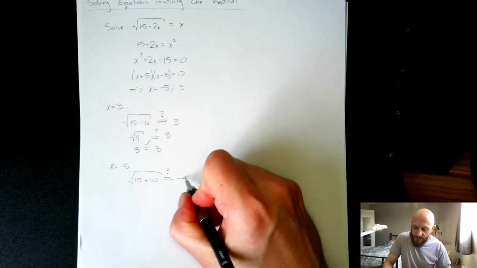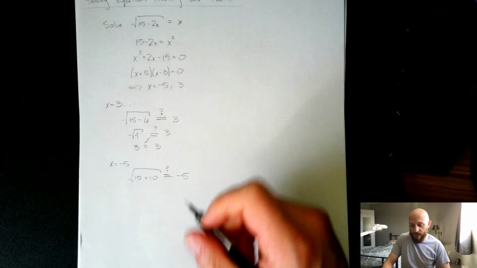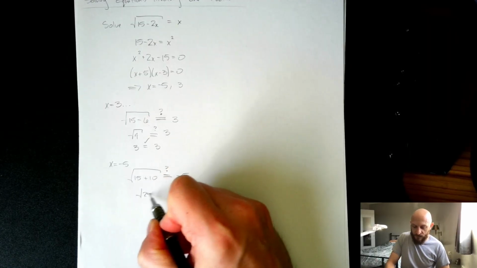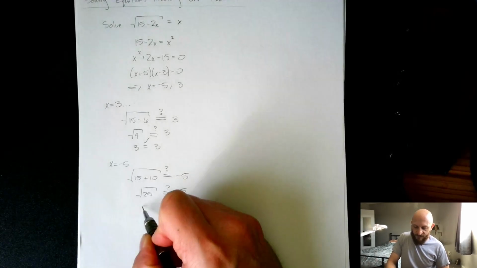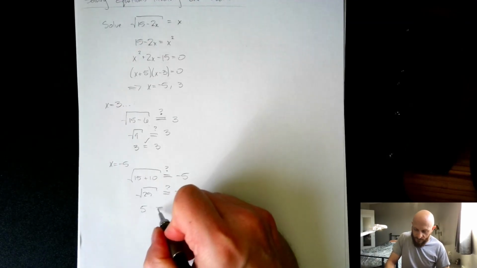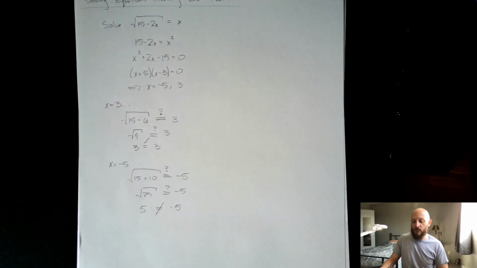If you have a little alarm bell going off right now, that's good. What's happening on the left? Well, 15 plus 10 is 25. Does that equal negative 5? It does not, because the square root of 25 is just positive 5, and positive 5 is not equal to negative 5.